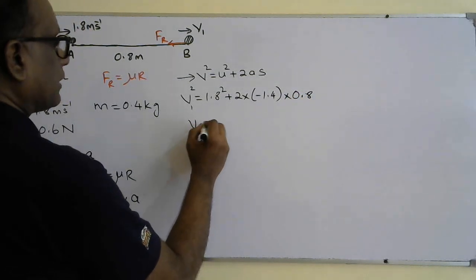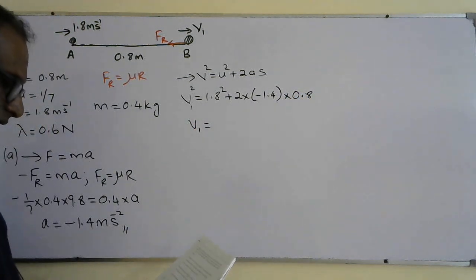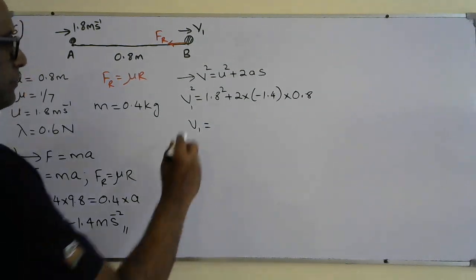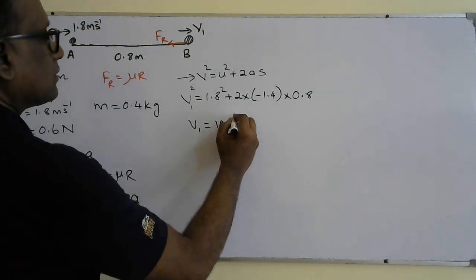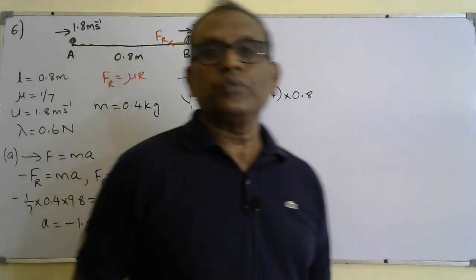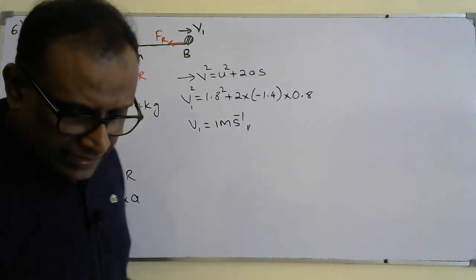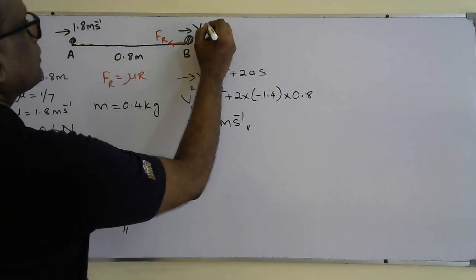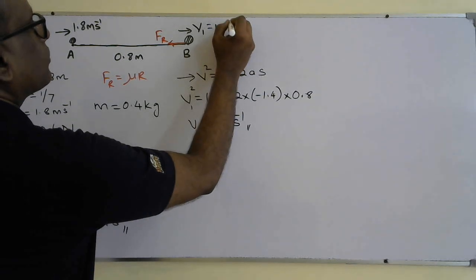Solve it and you will get V1 equals 1 meter per second. So the speed at B is 1 meter per second. Now we know the speed at B, we found it.